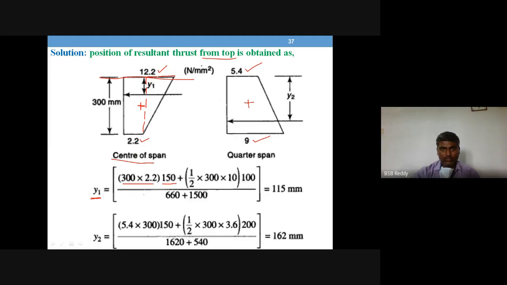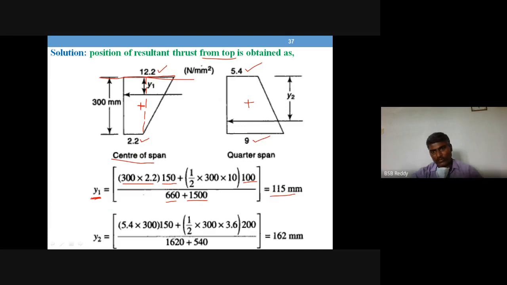From the top, the CG of this triangle is 1/3 of 300, so it is 100, divided by the total area. That gives you 115 mm. So from the top it is 115 mm. That is the y1 value.